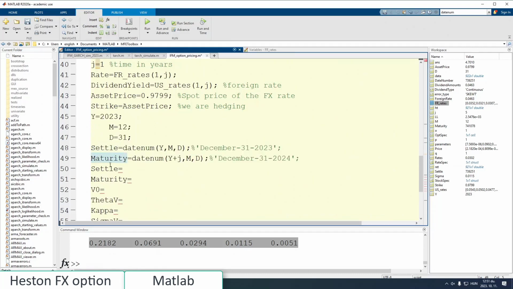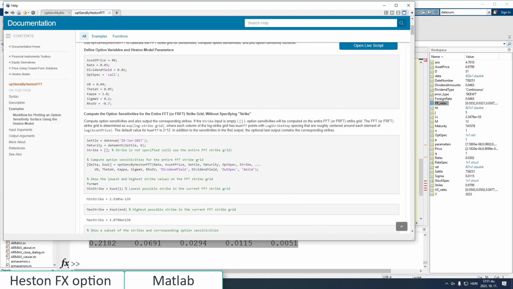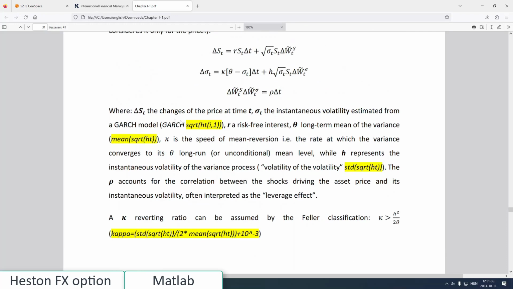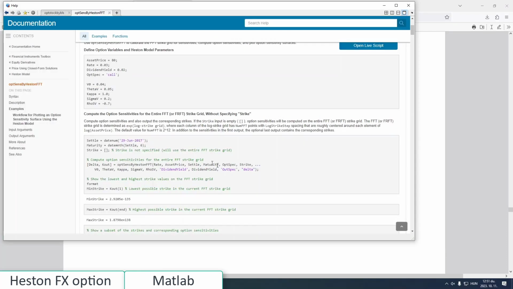But before overwriting, we can see that settle, maturity, they are using the same words as all the other similar things. It's always nice when you have different variable names. So V0. What is V0? Because now we are in volatility territory, so we have to give these things, just which one is what.